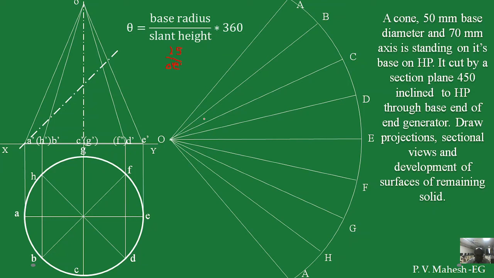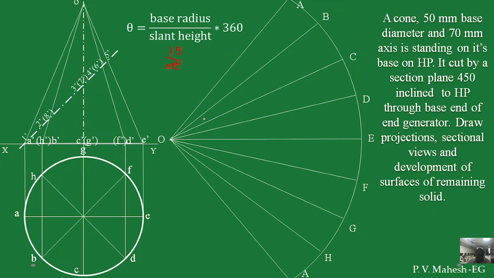Now identify the intersection points. The section plane is cutting OA at 1, OB at 2, OH at 8, OC at 3, OG at 7, OF at 6, OD at 4, OE at 5. Like this I will get points.